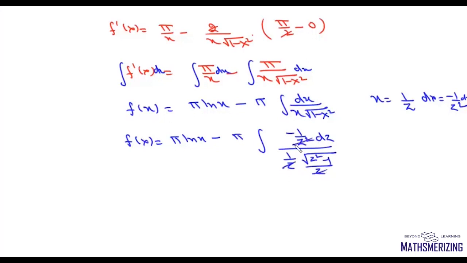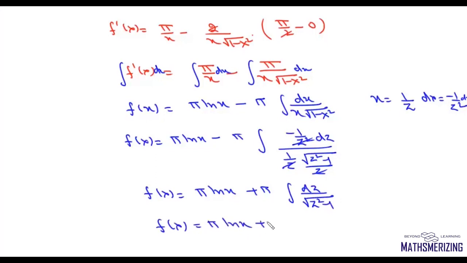Here z and z will cancel, so we can write this f(x) as pi log x plus pi dz upon under root of z square minus 1. Now this is f(x) equals pi log x plus pi, and then it is log z plus under root of z square minus 1, and then plus c.